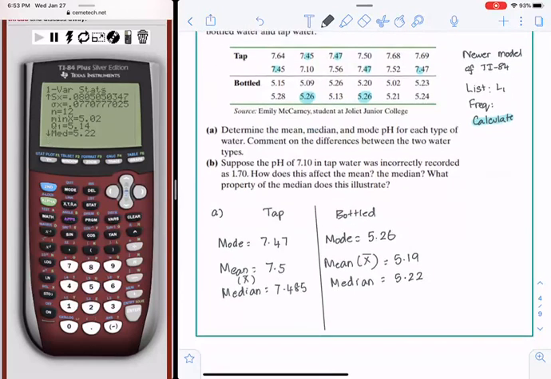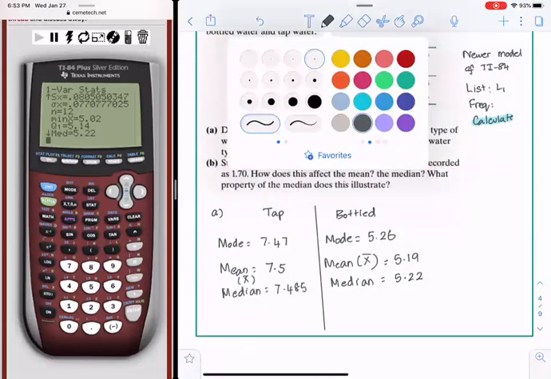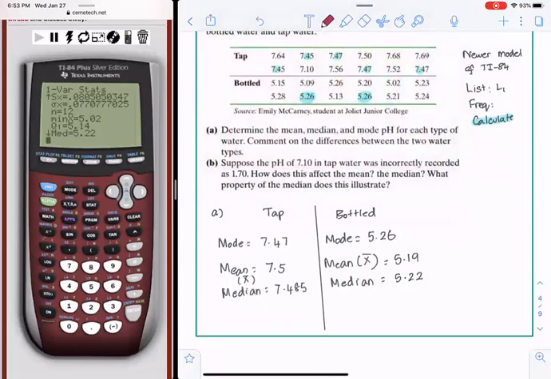So what can we conclude just by looking at the statistics that we have? The simplest conclusion that we can make is that the bottled water is more acidic than tap water, because if you look at it on average, the bottled water pH was 5.19, tap water is about 7.5.